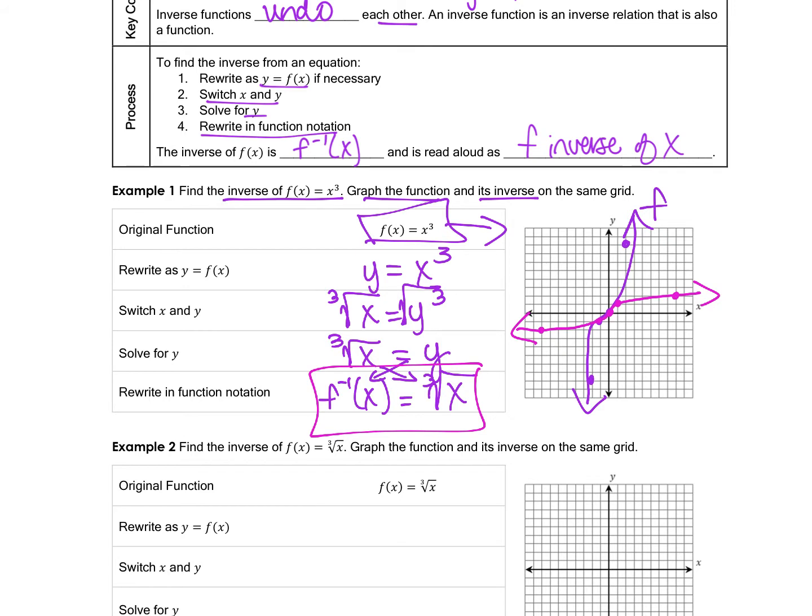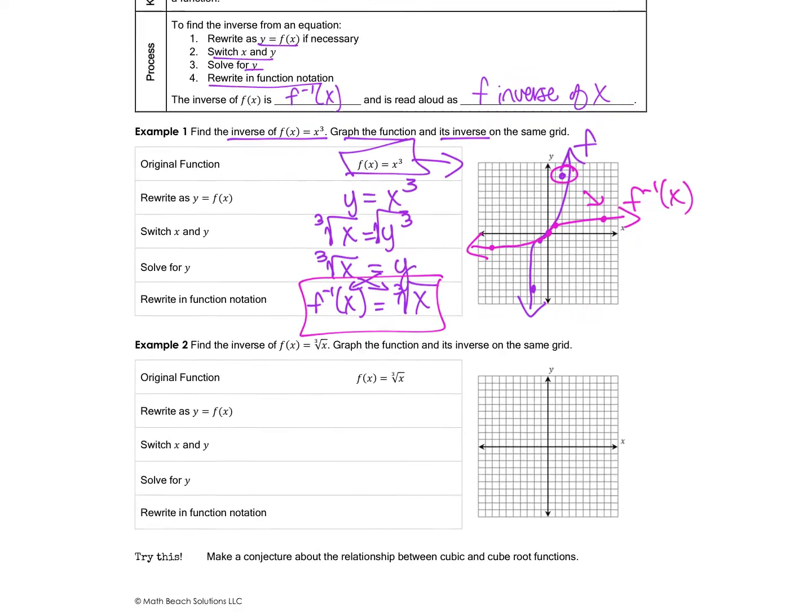So this is our inverse graph. You could also notice that if you look at each point, like this point here was 2, 8, then 8, 2 would be your inverse point. Notice those points are just switched on the inverse.